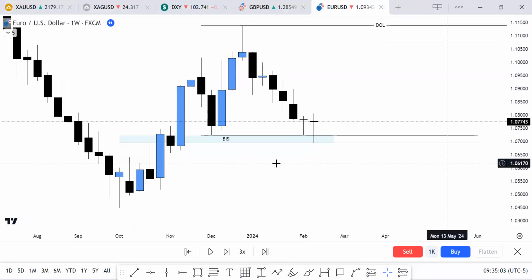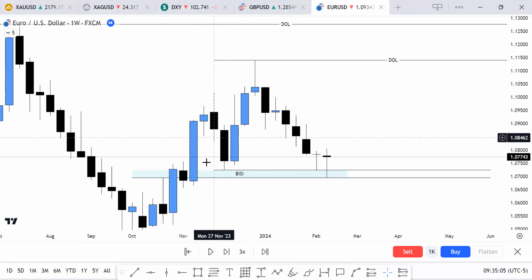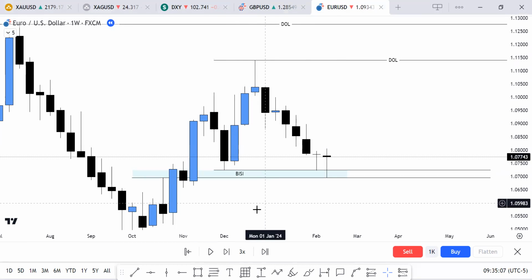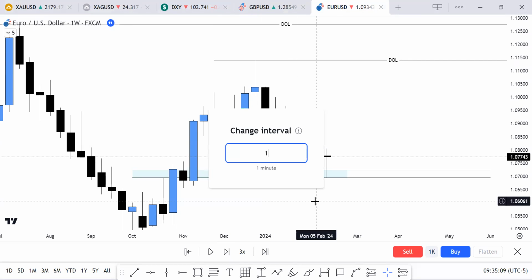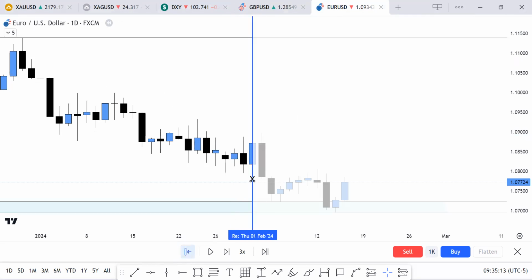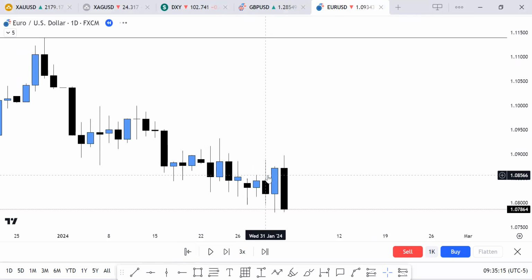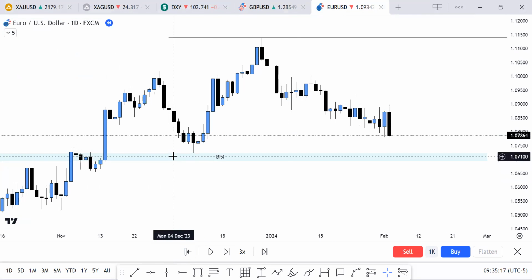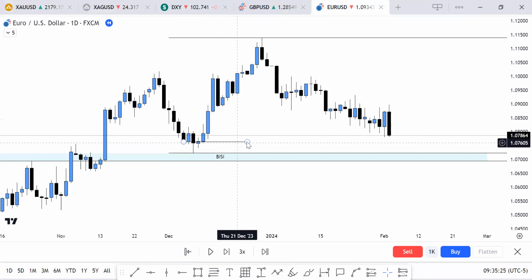So that's the second thing. We are in discount on the weekly time frame. We are clearing liquidity. In the daily time frame, we again have the same situation, like a liquidity pool, relative equal lows, equal bodies. It's kind of a market maker model that price will target.